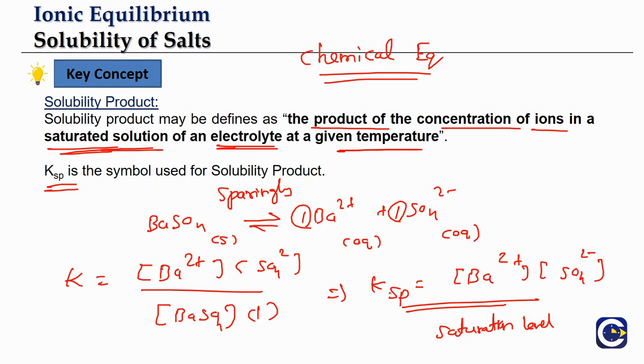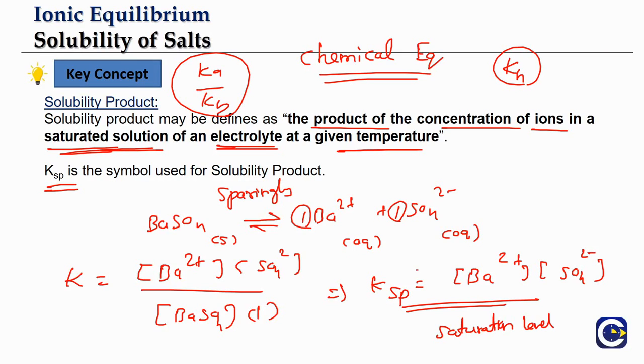Now, like the way the dissolution of an acid or a base we will track in terms of what? Ka and Kb. Hydrolysis of salt, we will talk in terms of what? Kh, the hydrolysis constant. Here, the solubility of sparingly soluble salts we will be monitoring in terms of what? Ksp. You can think of it like Kw for water. What is the Kw?